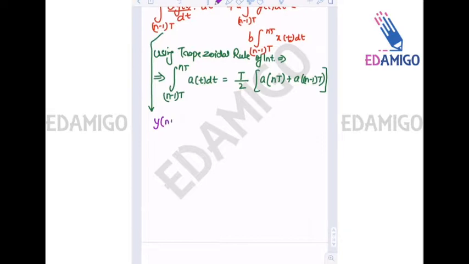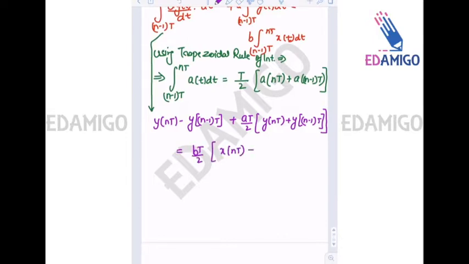y(nT) minus y((n minus 1)T) plus A T by 2 times y(nT) plus y((n minus 1)T), is equal to B T by 2 times x(nT) plus x((n minus 1)T).